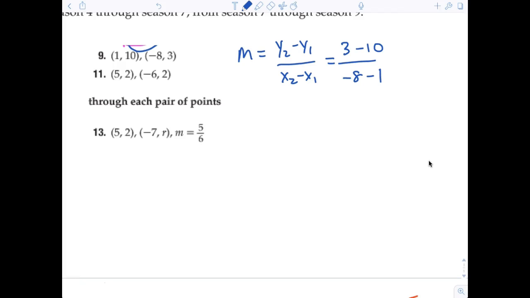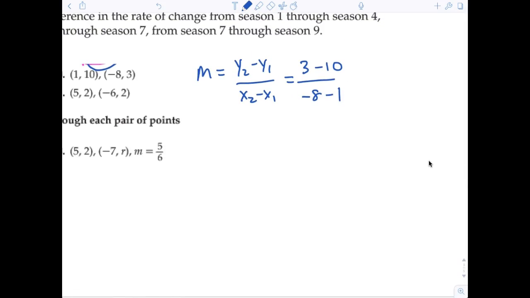Girls in the front, everything good? Any questions with that? All right. So what's 3 minus 10? And then over, which is the same as 7 over 9. Anybody have any problems?